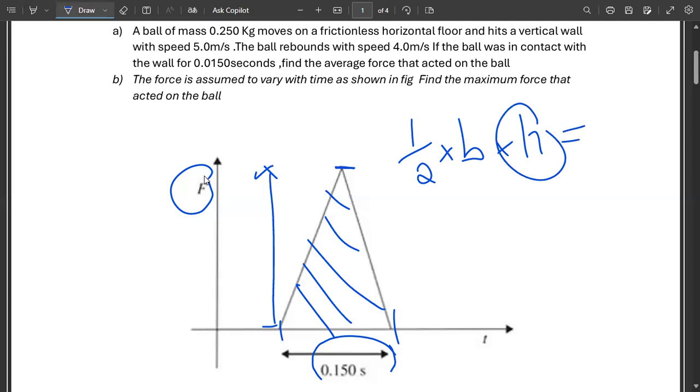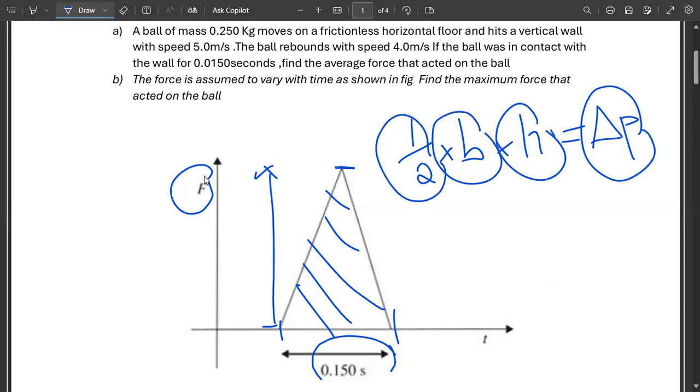And this area under the triangle is equal to impulse, or rather the change in momentum. We've already calculated that in part A, so we're going to plug in that value and the time that we have. The half is a constant, and we are looking for h, which is going to give us the maximum force F in part B.